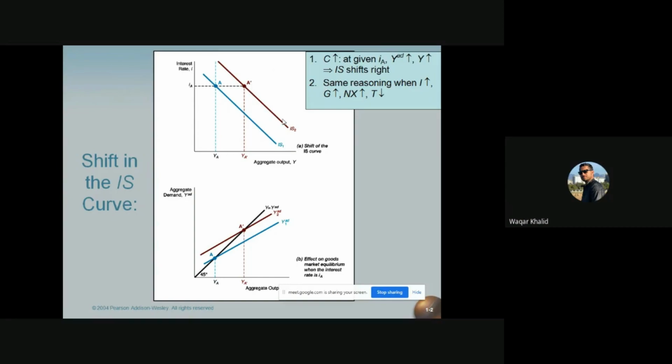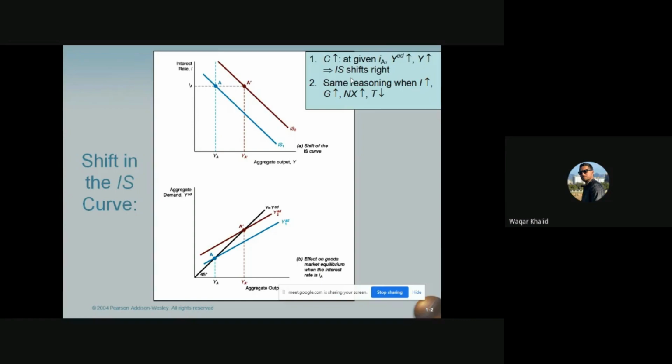Suppose Y2 AD is the original aggregate demand function, and now if there is a decrease in government spending, it means the aggregate demand Y2 AD will shift its position to Y1 AD, a downward shift. It means we have a decrease in the aggregate level of output, and the IS curve will shift towards the left side.